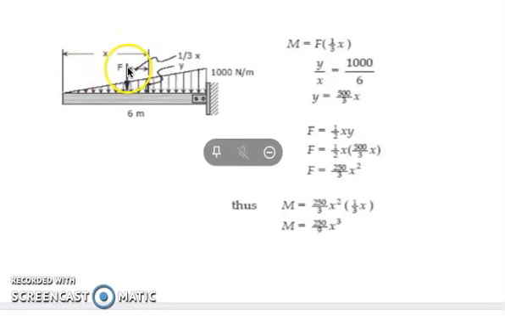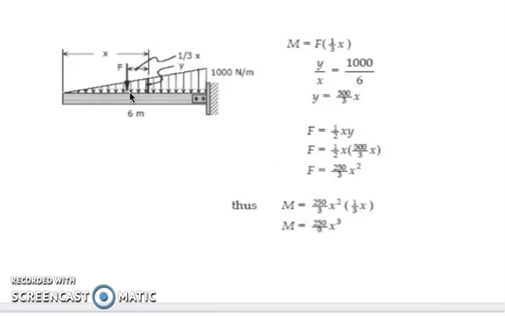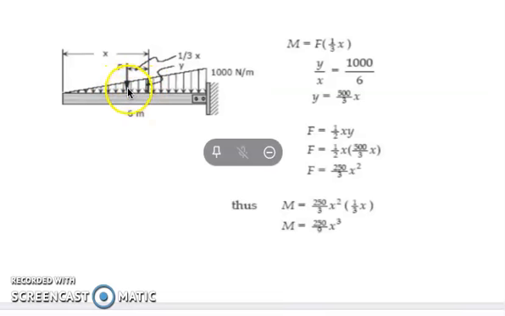We know that the centroid of the force is acting at 1/3. Meaning to say, the centroid of the uniformly varying load is 1/3 of the length from the cut side. Since the length is x, this is 1/3 of x.